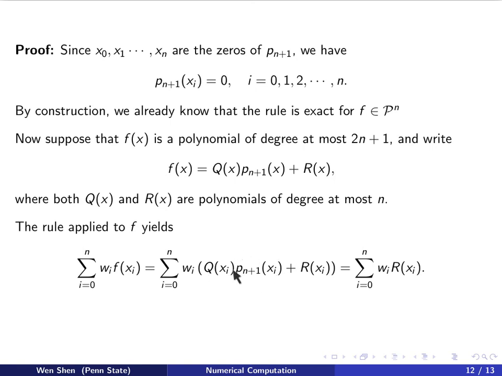Then this first term is gone. Removing that, we see we are summing up w_i times the remainder r evaluated at x_i. And this is like applying our rule on this polynomial r, and we know r will be a polynomial of degree at most n.